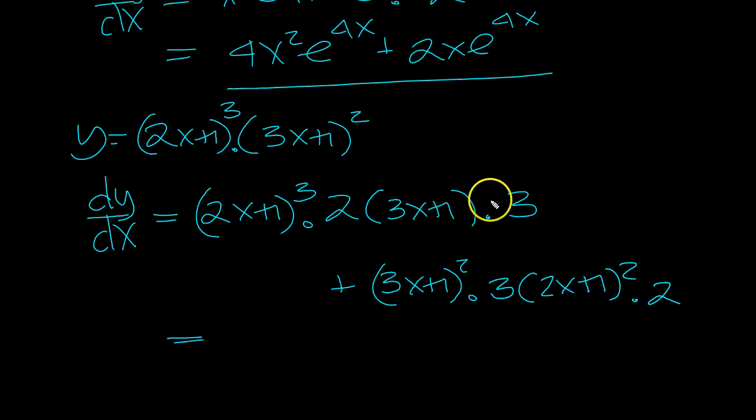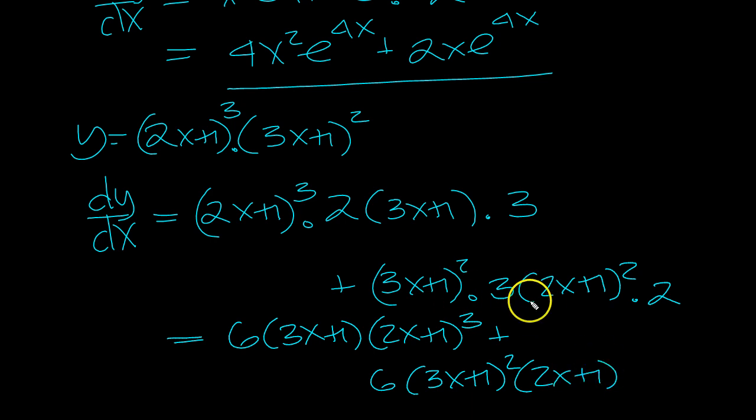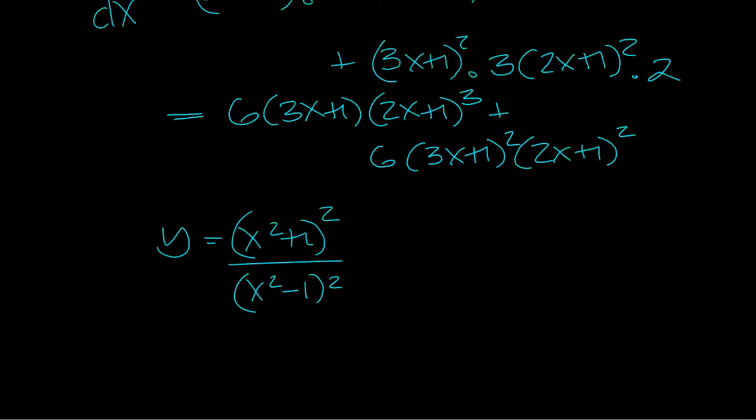We've got 6, 3x plus 1, 2x plus 1 cubed, plus 6, 3x plus 1 squared, 2x plus 1 squared. Looks like it. Okay, good. And we could simplify that with a lot of algebra, couldn't we? But I'm not going to worry about that here.